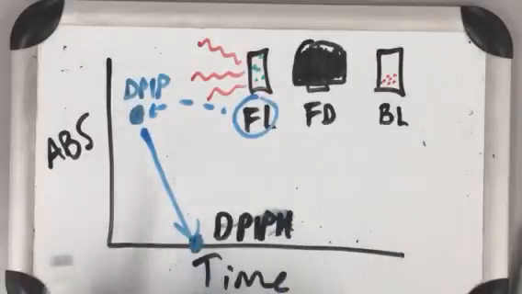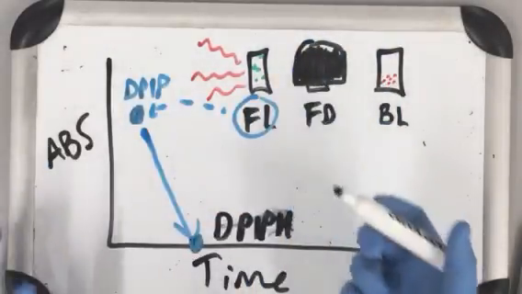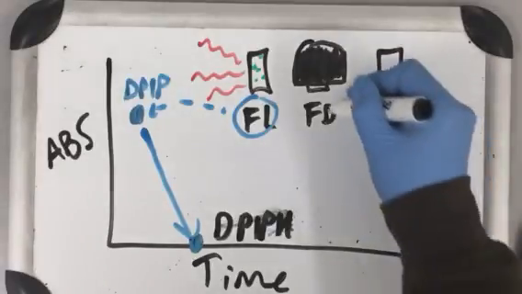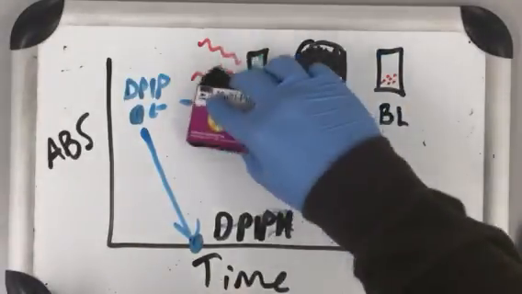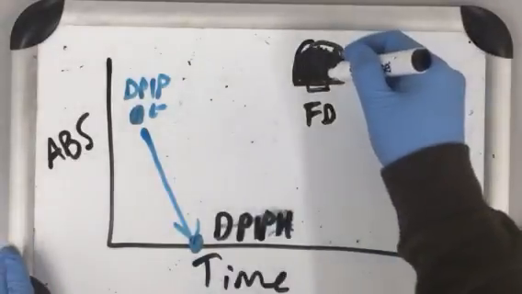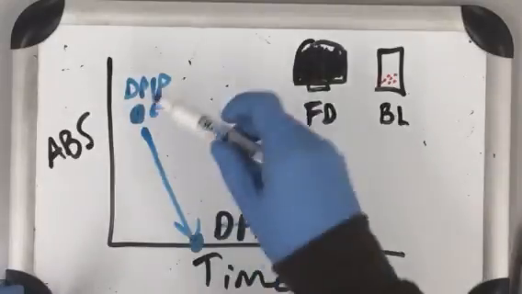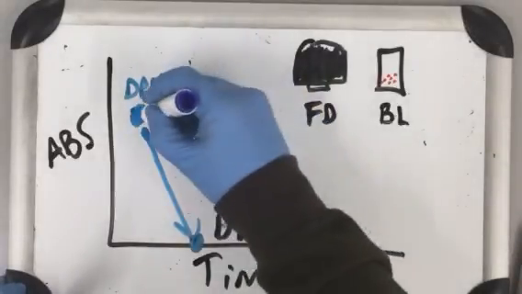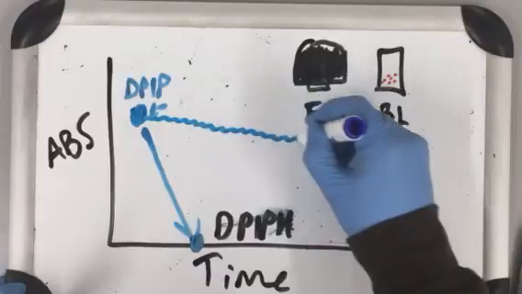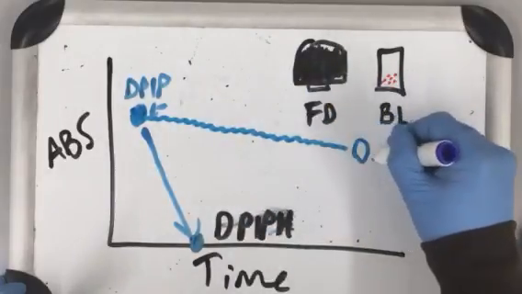So we start with a high absorbance, but that gets reduced by the chloroplasts if the cycle's happening. However, if we are in the dark or our chloroplasts don't work, we start with DPIP, and some reaction might happen, but essentially you end with DPIP.